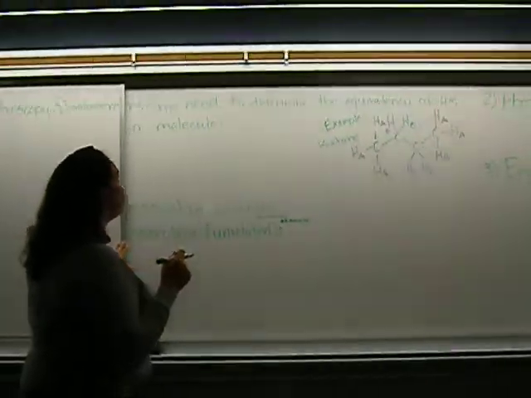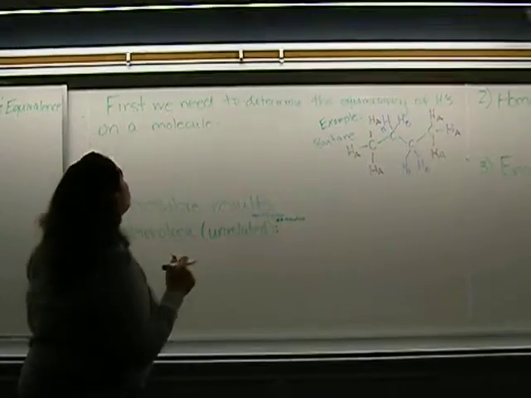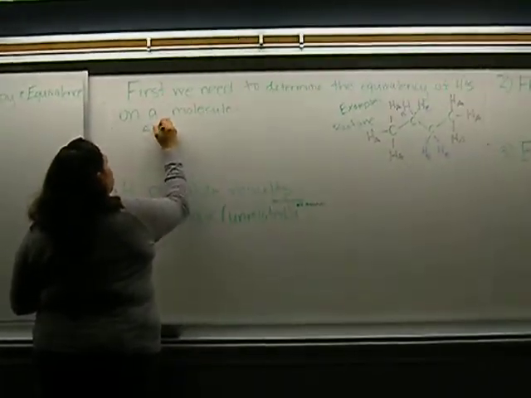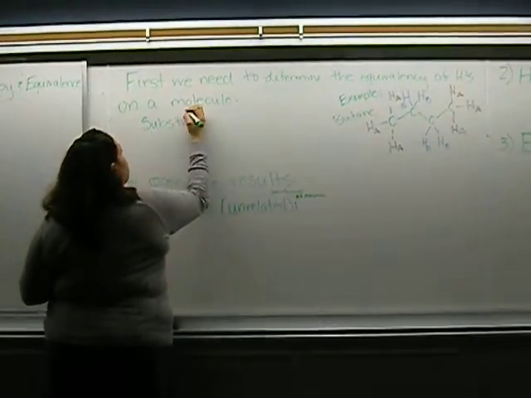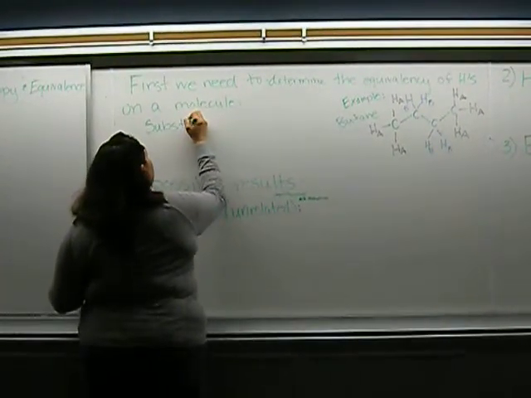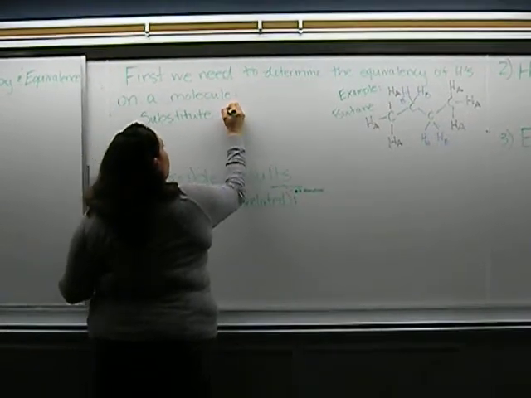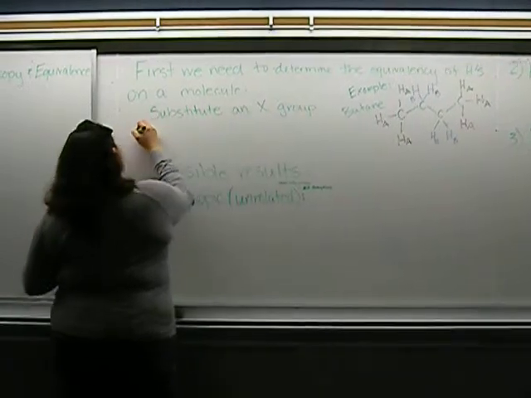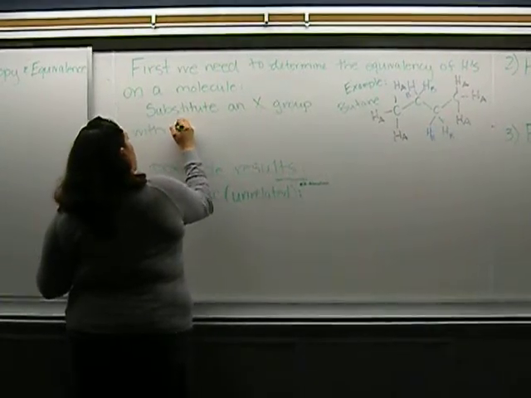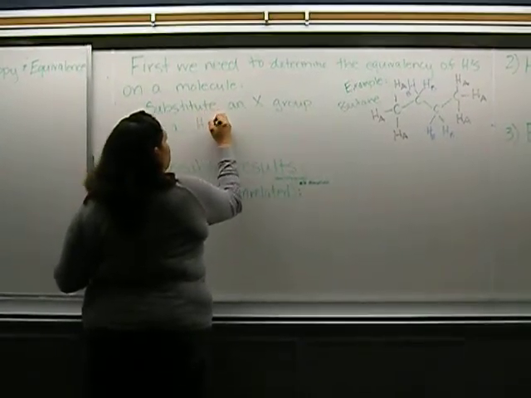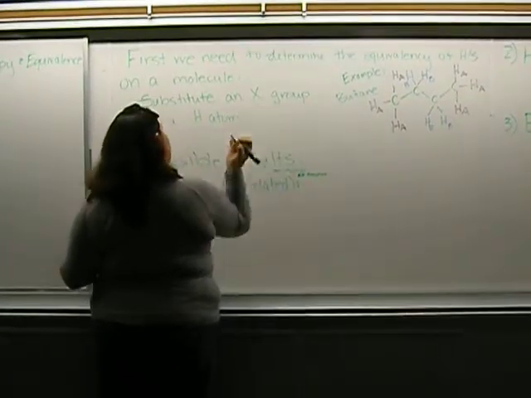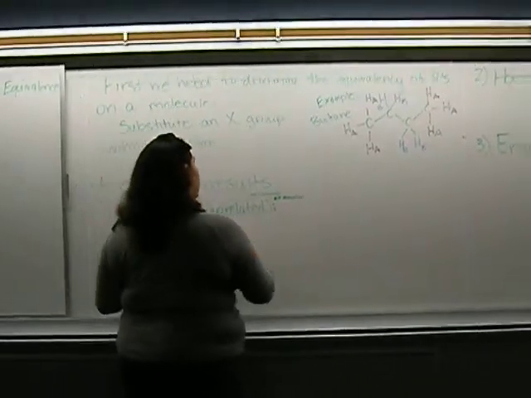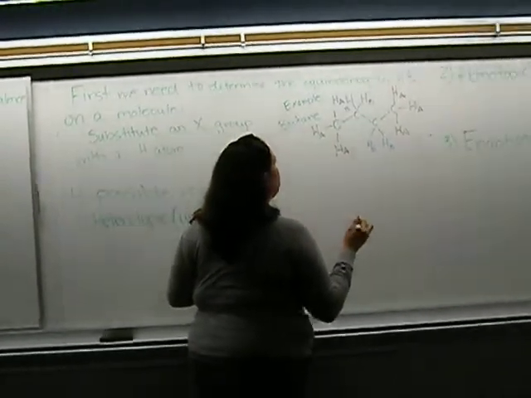First, we have to decide how we determine the equivalency of hydrogen on a molecule. To do this, you would substitute an X group with a hydrogen atom. There are four possible results. There's heterotopic, which is also known as unrelated.